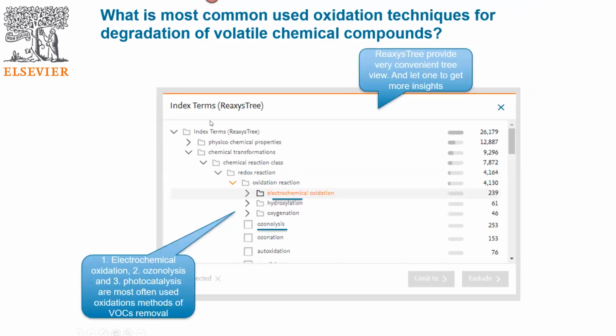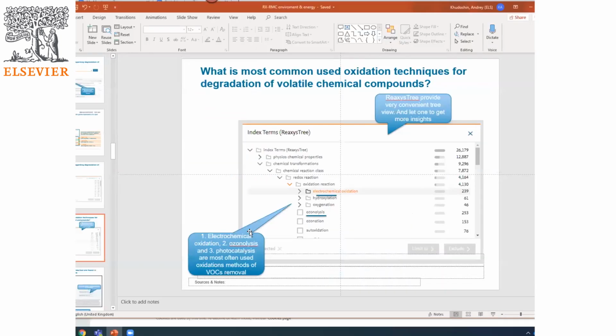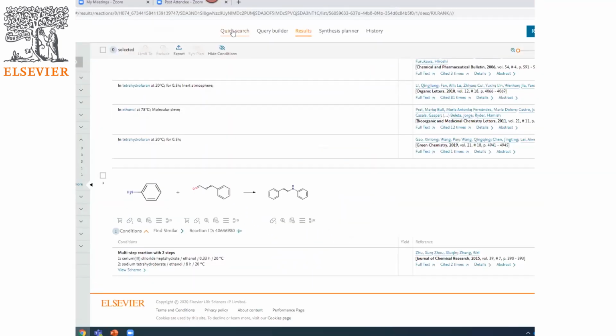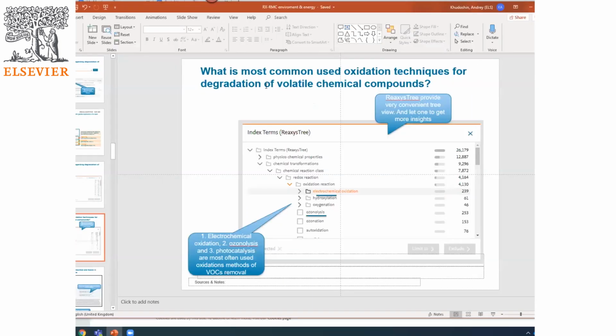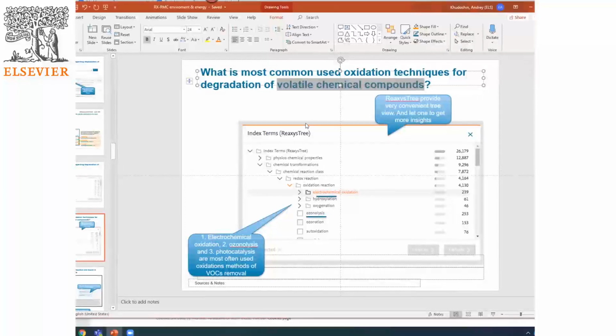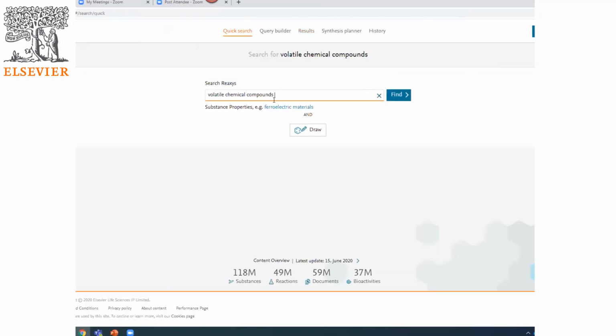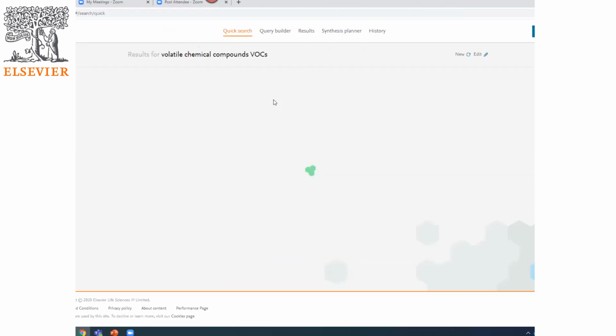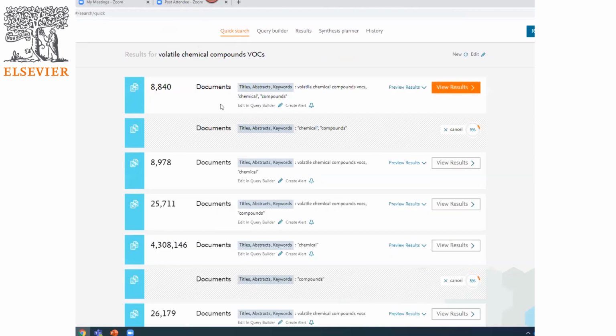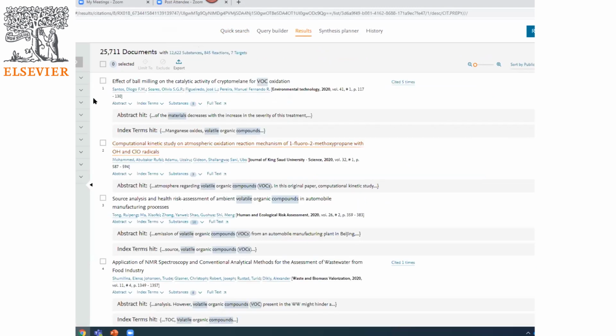And we can go even deeper. So how does it look in Reaxys? Let's make a quick search. You see index terms.